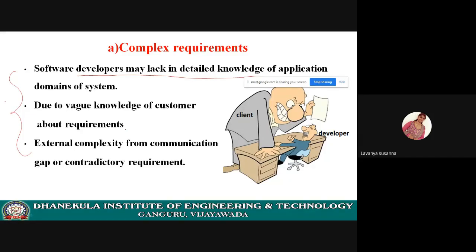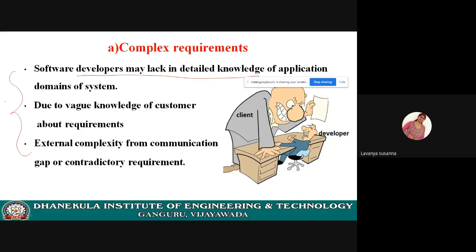For example, let us take online transactions. After a transaction is done, the developer must know how the money is deducted. He should have knowledge of online transactions also. Of course, he knows how to write the program, but he should know something about the application domain also.